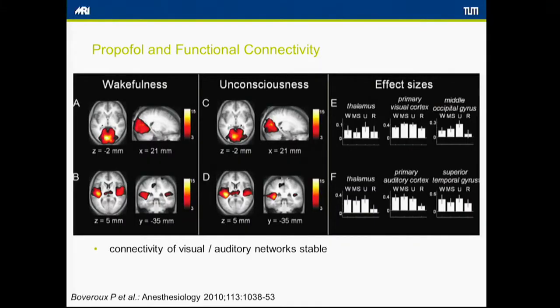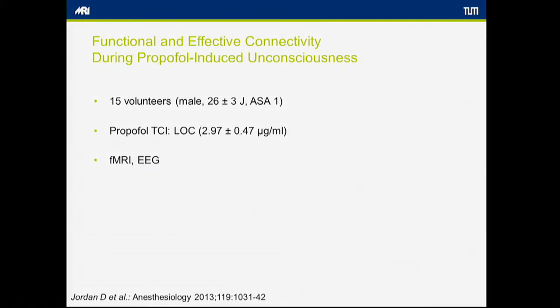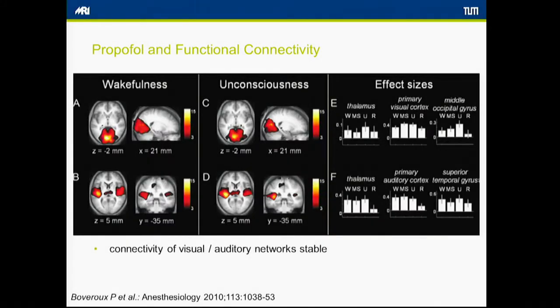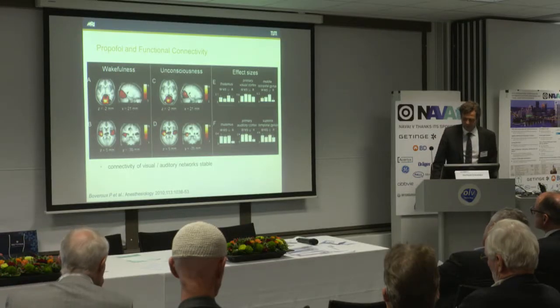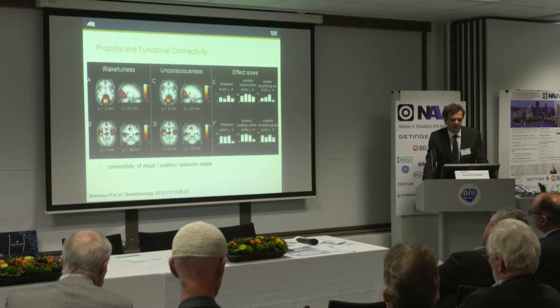If you look at primary visual or auditory networks, activity is pretty similar. So there is not a lot of change in activity in primary auditory or visual networks, but the main difference is in integrating resting activity or integrating networks over the brain.